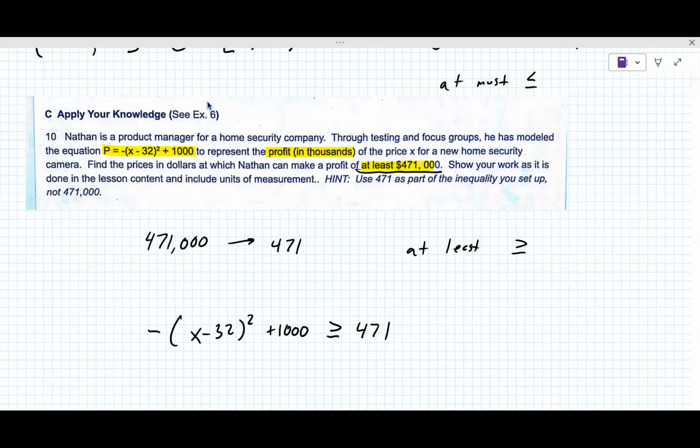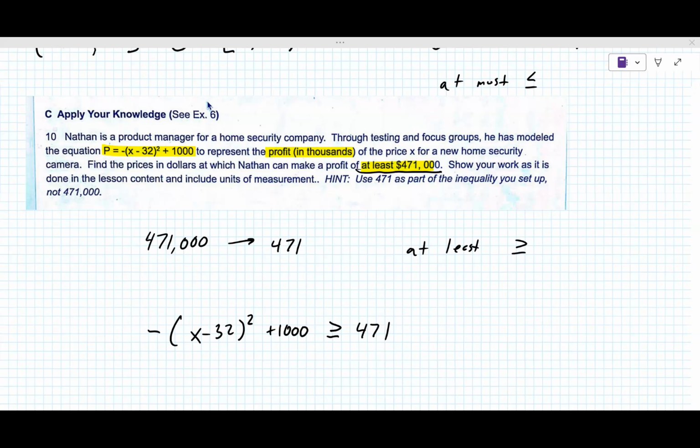Any idea how to proceed on something like this? Well, first things first, we would have to subtract the 471, so we can have a 0. Yes.